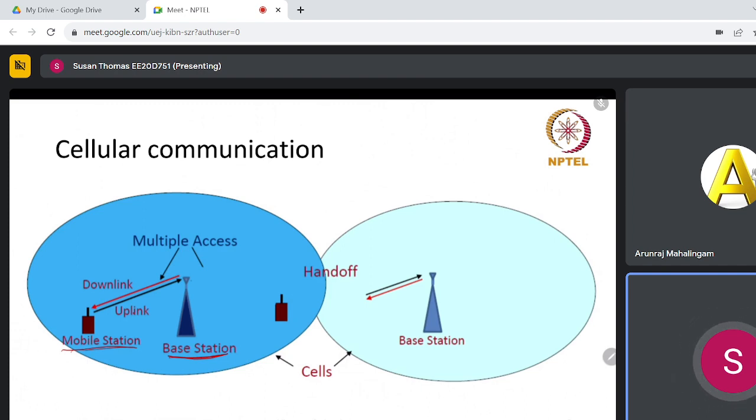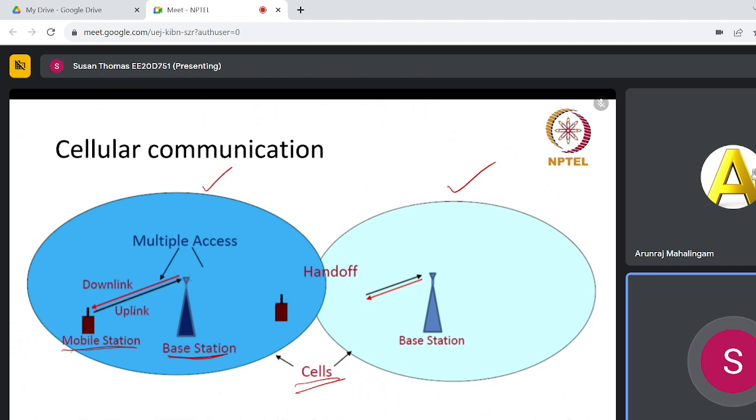From the mobile station to the base station it is uplink, and from the base station to the mobile the path is called downlink. Now suppose you have two adjacent cells. So this is one cell and this is another cell. In each cell you have base stations with which there will be communication.